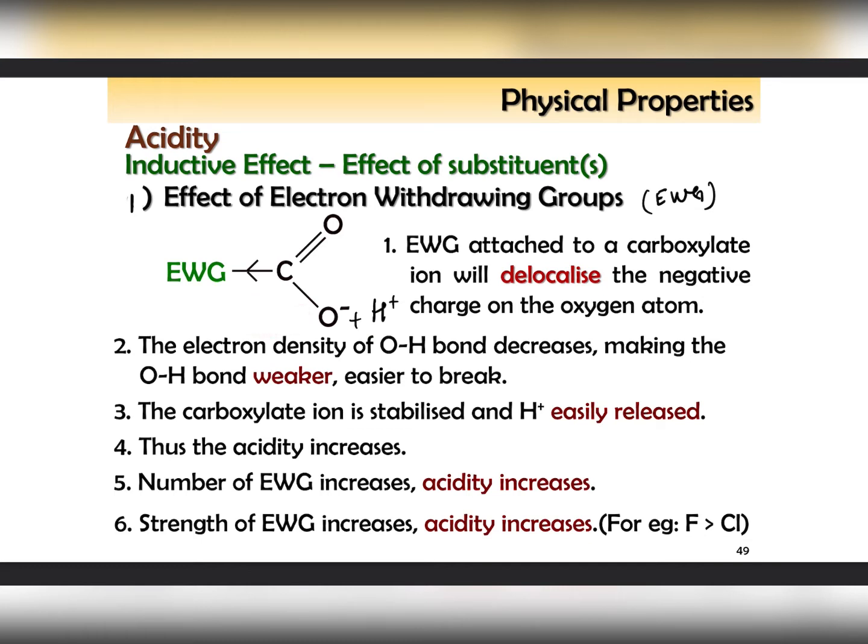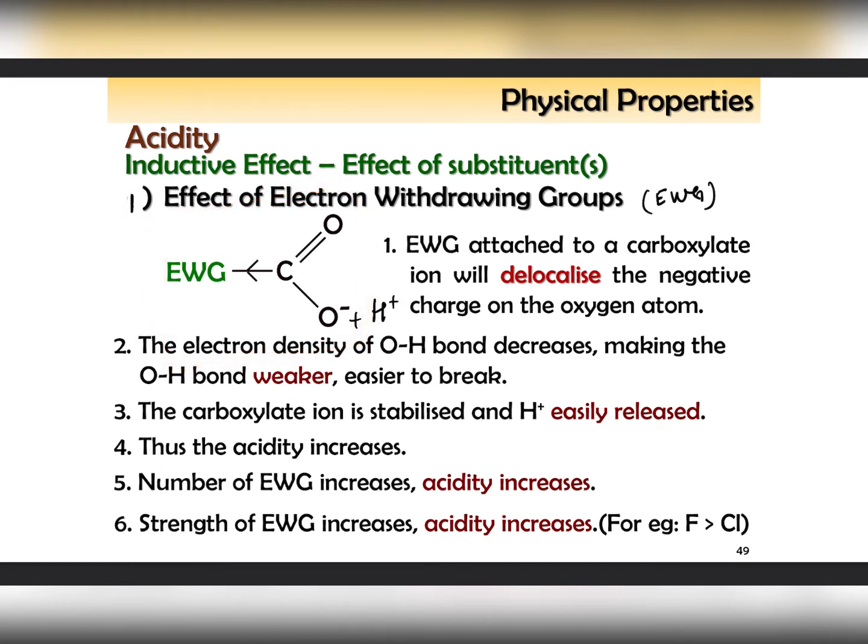Okay, so bila you can form this stable carboxylate ion ataupun stable conjugate base, okay, and it will form H plus ion yang banyak jugalah because it preferred to form this carboxylate ion.